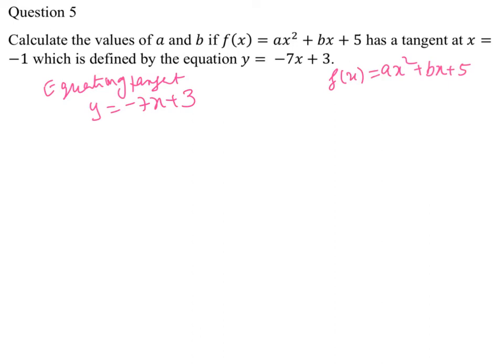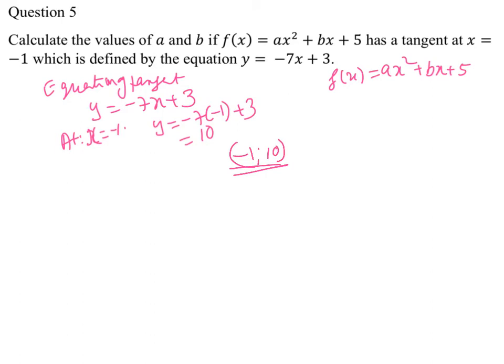Now we know that the tangent and the graph will have a common point. So I'll substitute x equals -1 into the tangent, and y is equal to -7 times -1 plus 3, which gives me 10. So the common point here is (-1, 10). That means if I substitute -1 in the original function, I will get 10.